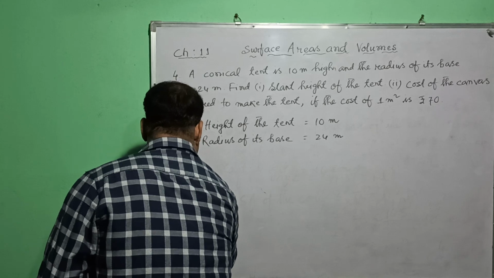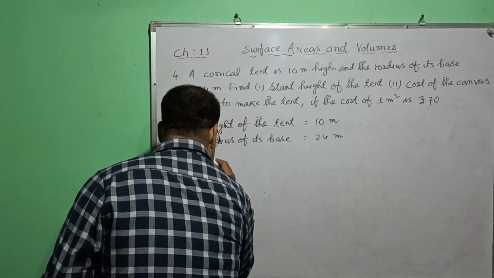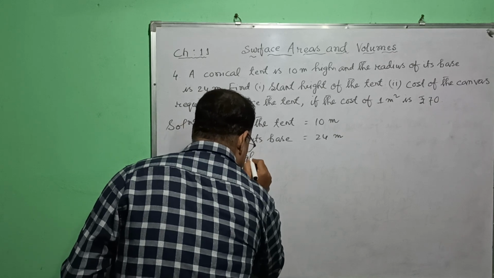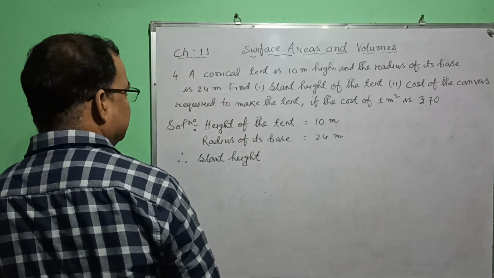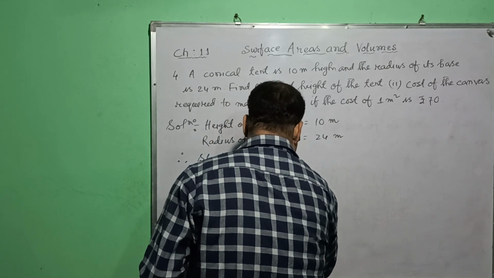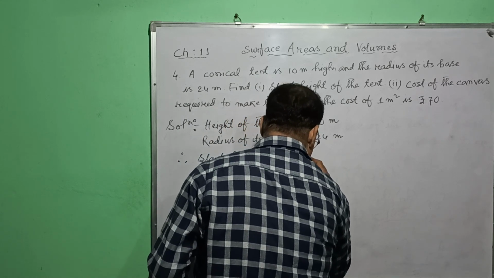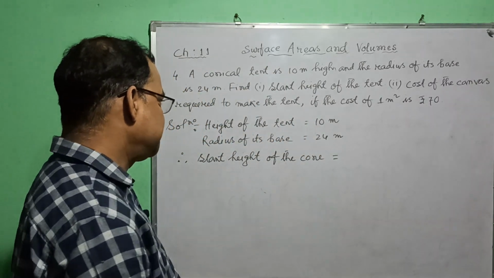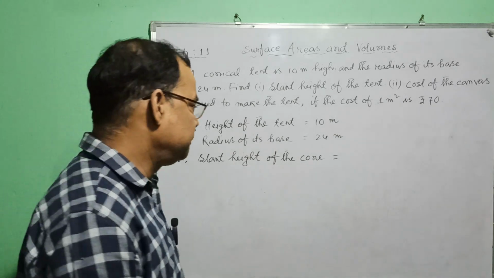Therefore, we can write first, slant height of the cone. So slant height is L.